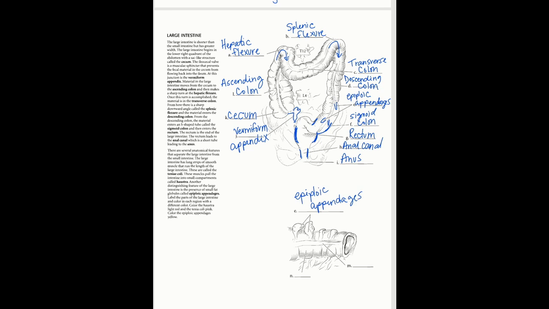And then we have, again, smooth muscle, because we need this smooth muscle to help fight against gravity so that we can get through the ascending and transverse portion, as well as those turns in the intestine.